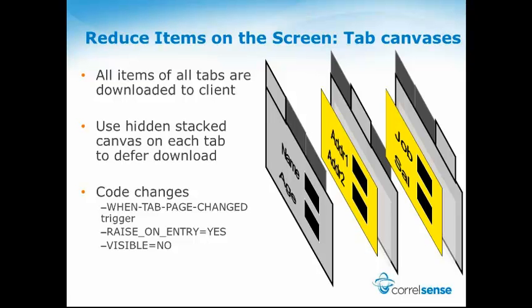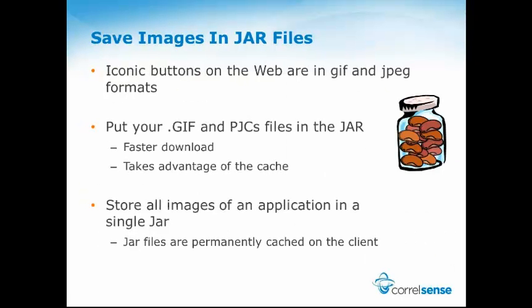And that way you could use the trigger when-tab-page-changed, which occurs when you click on a second tab page, to do raise on entry yes, and to see those other additional items. So that way it won't preload every tab on the form. It'll only load the first tab that you're seeing on the screen.